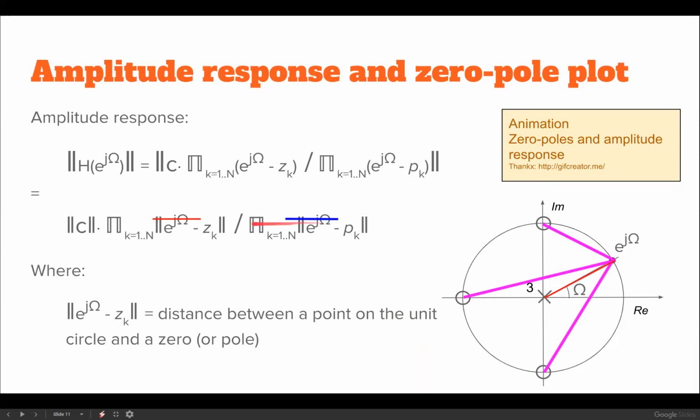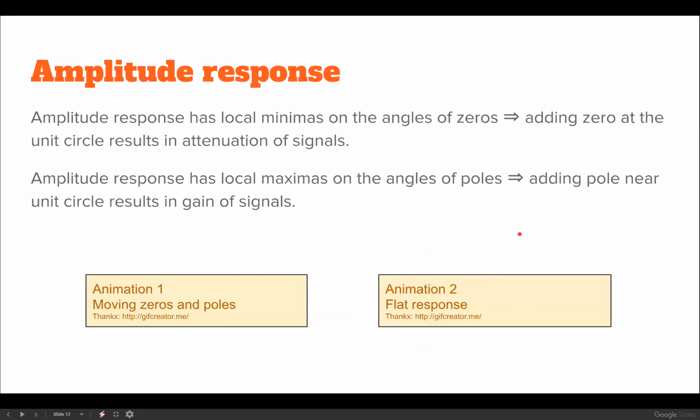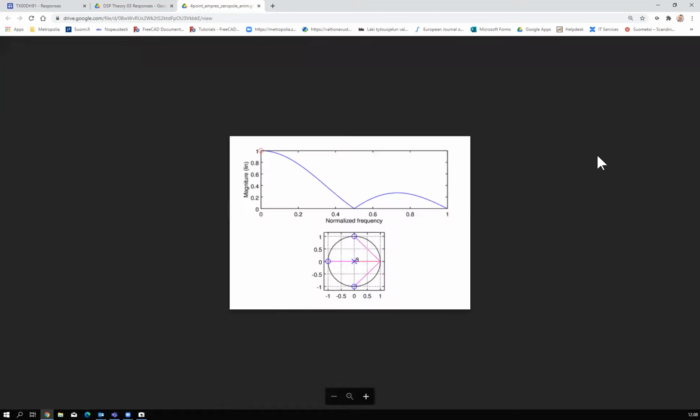But these colors and those don't quite match. Let's take a quick look at one animation here. Animated GIF. Come on. Okay. So that's a 3-point running average filter on a linear magnitude scale. The amplitude response on a linear amplitude scale.